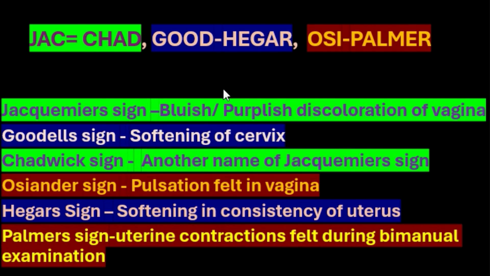Goodell's and Hegar's are softening, Goodell's of cervix and Hegar's of uterus. Osiander is pulsation felt in vagina, and Palmer's is uterine contraction felt during bimanual examination. This way you have to categorize and remember the things for easy memorizing in your exams.